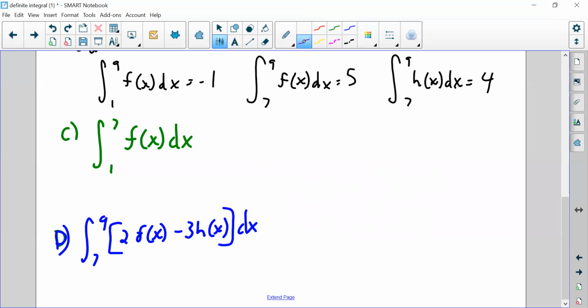And the last one over here, the integral from 7 to 7 of h of x dx. Try those three.